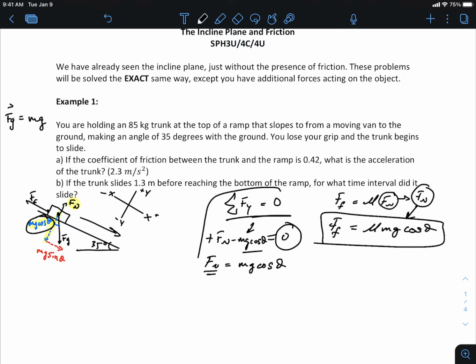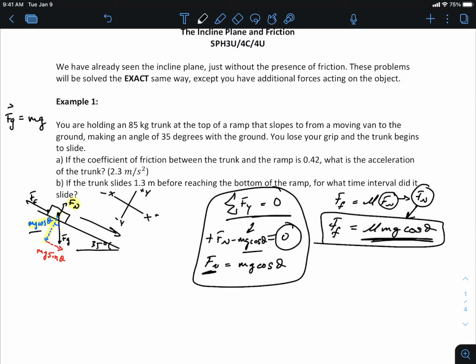So it's not that interesting, unless there's a third force, like tension being applied in the y direction that affects the normal force. The only time you have to pay attention to the y direction is if the normal force is not going to be equal and opposite to this blue component, right?